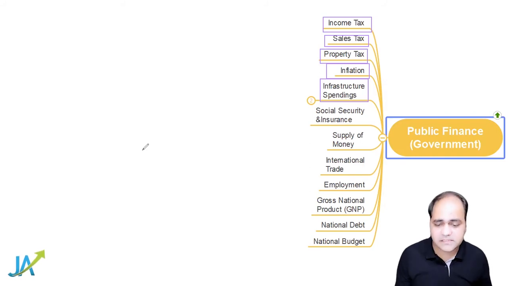When these kinds of infrastructure are built for the nation, it is called spending on infrastructure. Now let's talk about the next category, which is called social security and insurance.